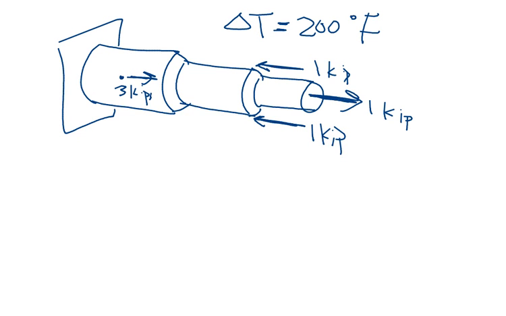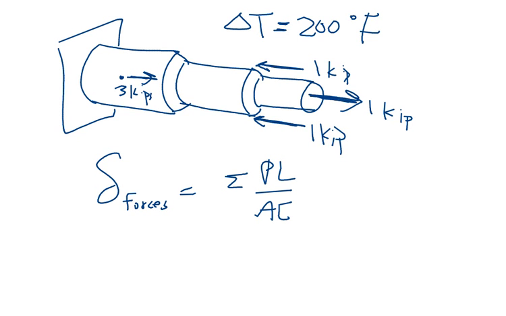How would you work through this problem now? Well, you still have delta due to forces. That's the sum of PL over AE. That's the problem we worked out earlier, or at least we discussed how you would work it out.